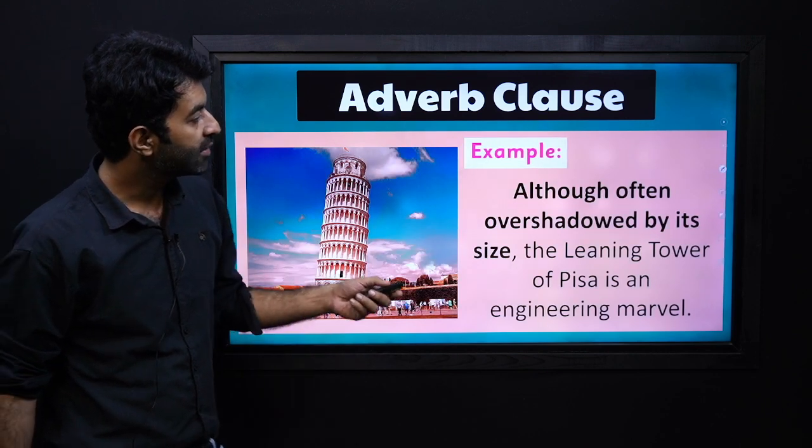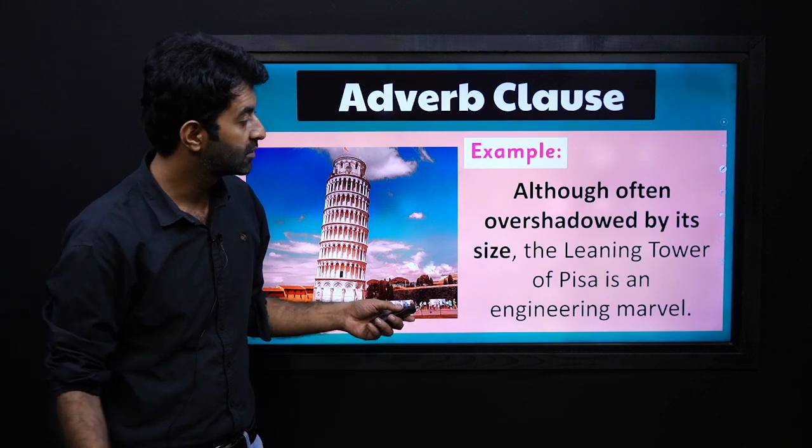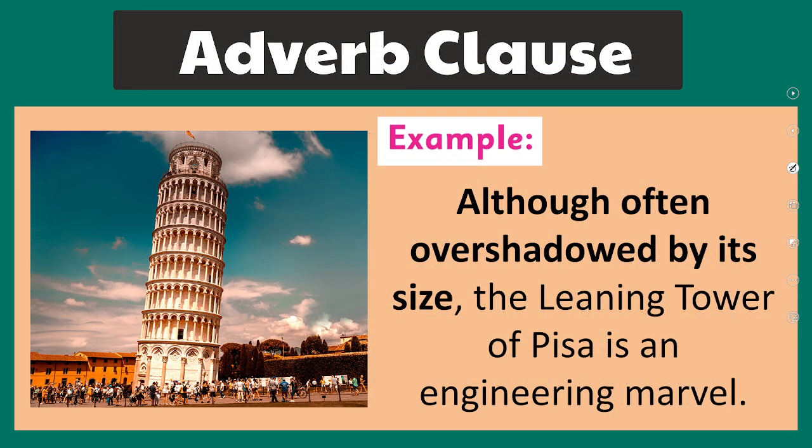Now, another example is, although often overshadowed by its size, the Leaning Tower of Pisa is an engineering marvel. So we have our subordinating conjunction, although, often overshadowed by its size. This is a subordinating clause.